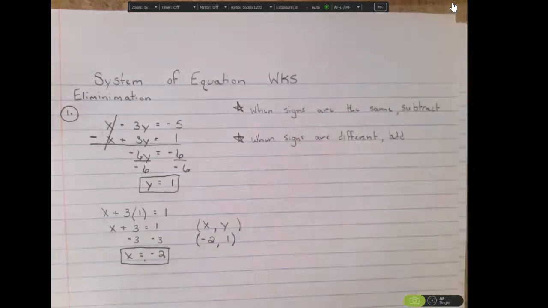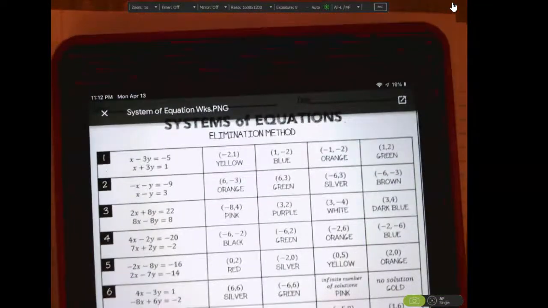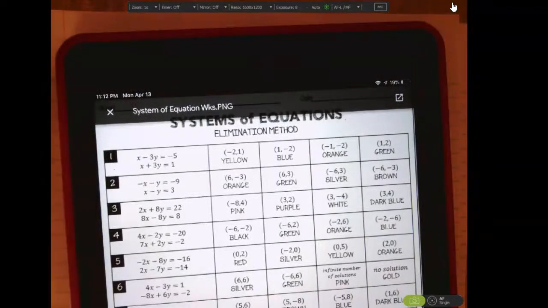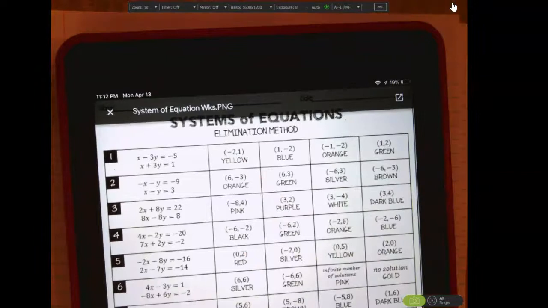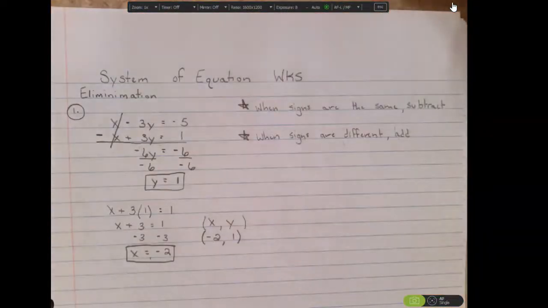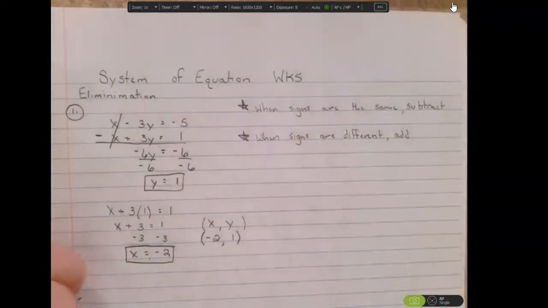So the answer to number 1 is going to be negative 2, 1. So if I come over to my homework sheet, the only one that matches up would be yellow, negative 2, 1. Very good. All right, let's move ahead. I want to look at number 3.